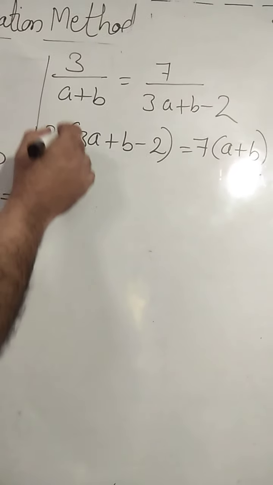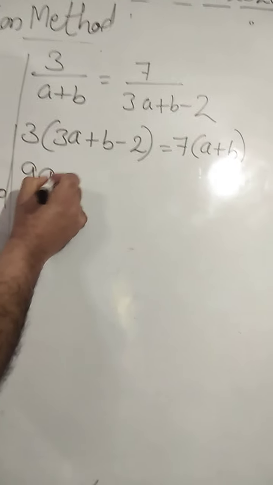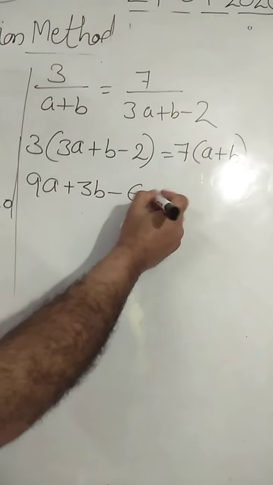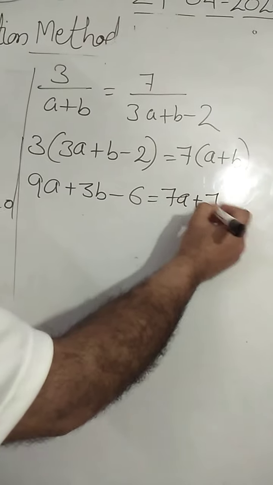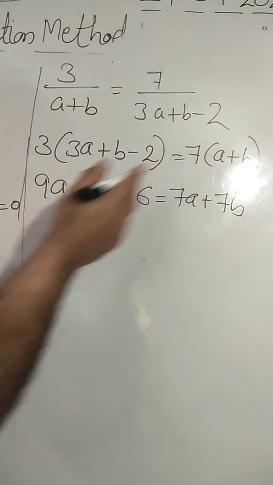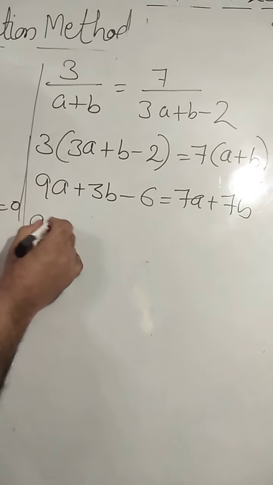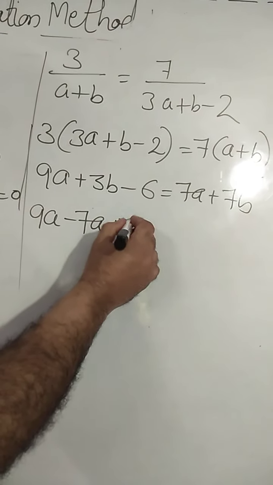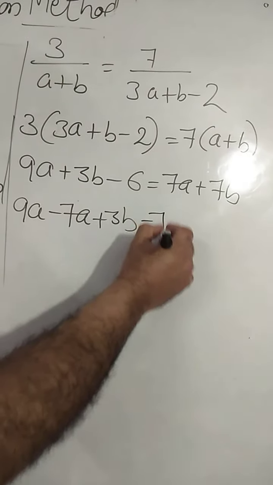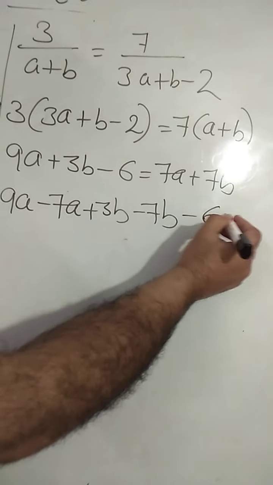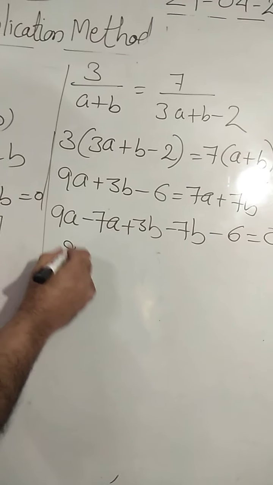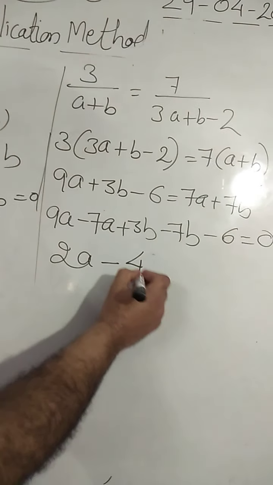That we will check. Cross multiplying the second: 9a plus 3b minus 6, remember, multiplied with all three, equals 7a plus 7b. Take all these terms to the left hand side: 9a minus 7a plus 3b minus 7b, minus 6 is already here. So 9a minus 7a is 2a, minus 4b.